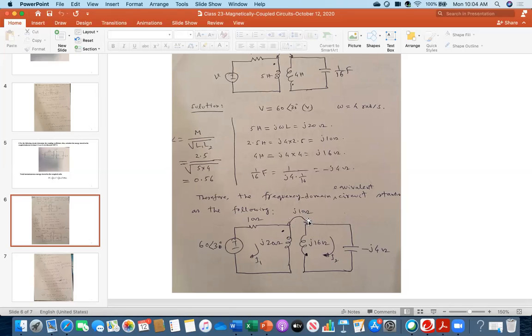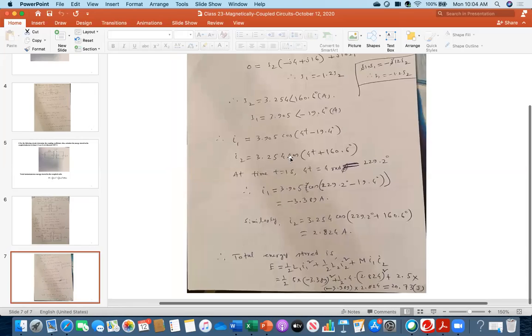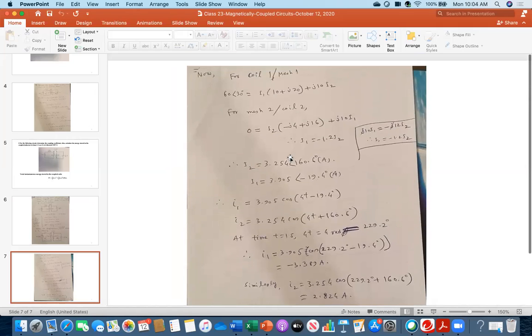This time it will be plus. Everybody see, there is a dot here and a dot here. Look, I1 is entering at the dotted terminal, and similarly I2 is also entering at the dotted terminal. Both are entering at the dotted points, so the mutual voltage will be plus. That's why, verifying for coil 1, plus j10 I2.